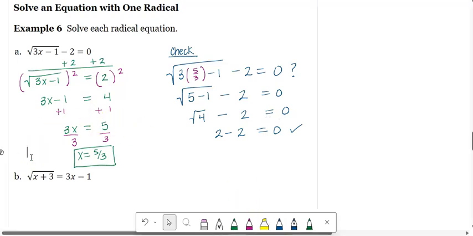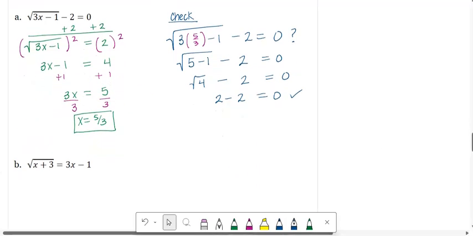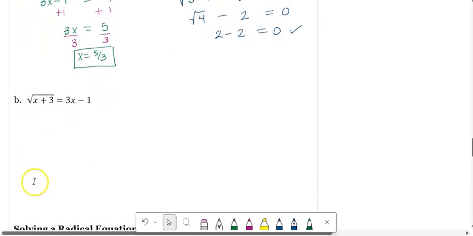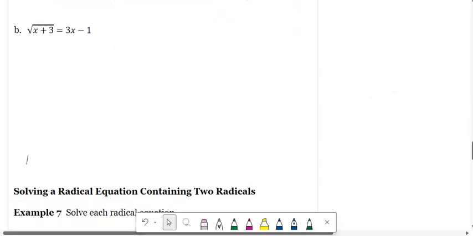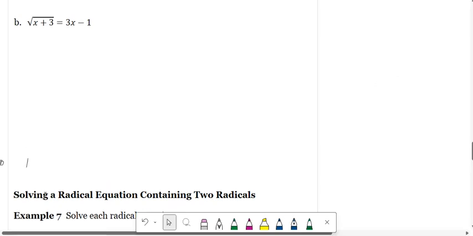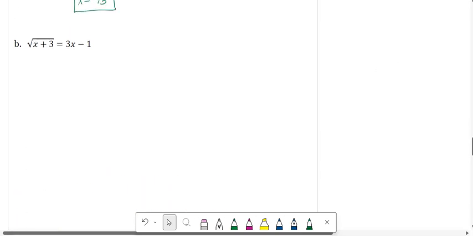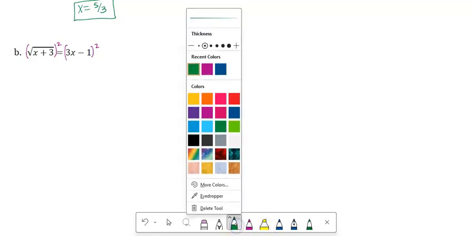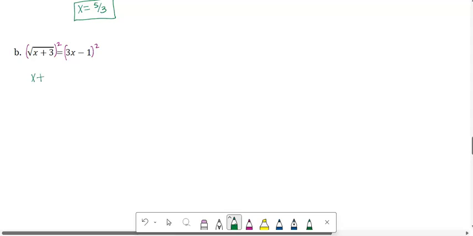Let's do that process again with example B. Everything is away from the square root for this example, so I can start by just squaring both sides of this equation. So I'm going to square the left side and then also square the right side. On the left-hand side, the square root and the square symbol will counterbalance each other, so that square root symbol goes away.